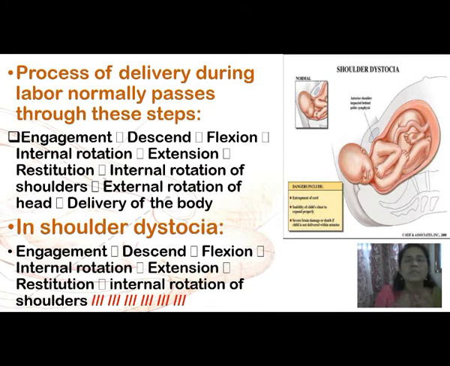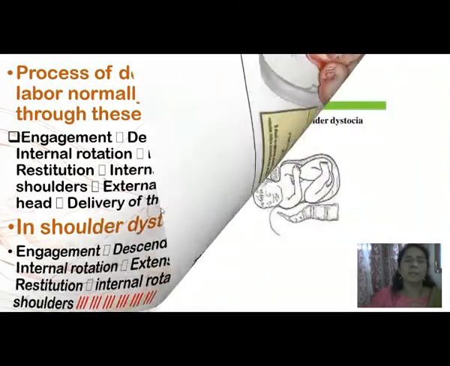The internal rotation does not occur properly, and the head will not deliver. If it impacts at the antero-posterior diameter of the outlet, the body will not be delivered. That is the process that happens in shoulder dystocia.